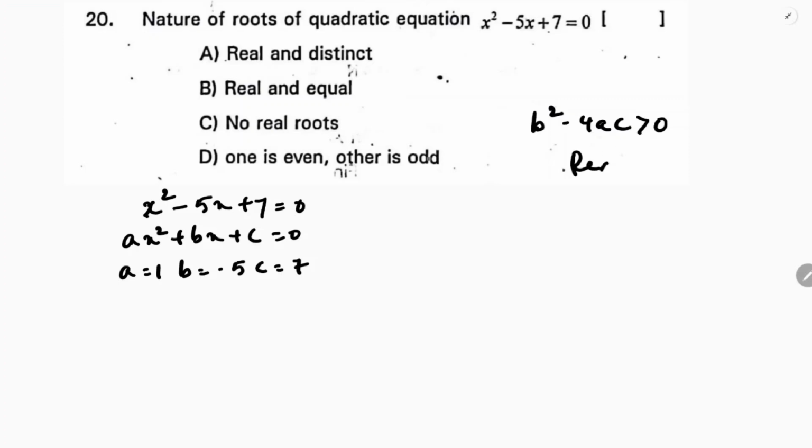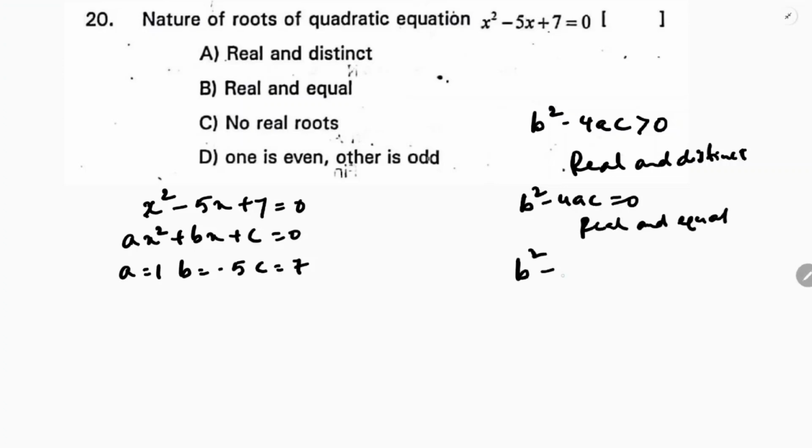If it is greater than 0, real and distinct. If it is equal to 0, real and equal. If it is less than 0, no real roots, the roots are imaginary.